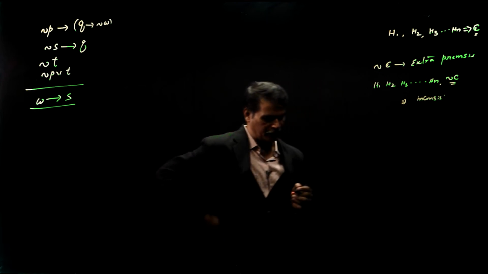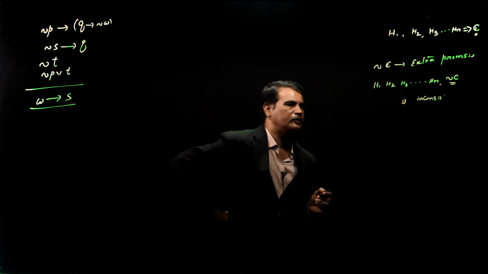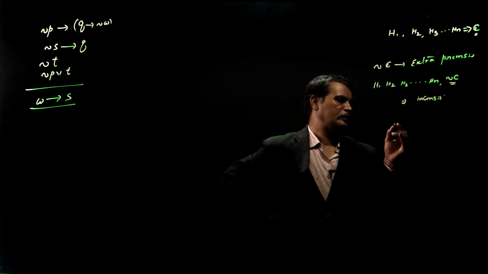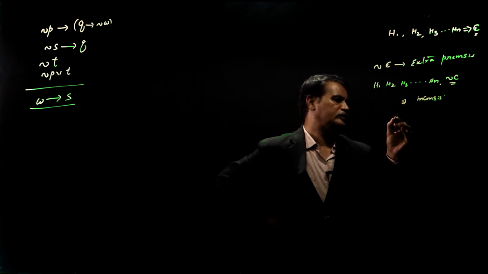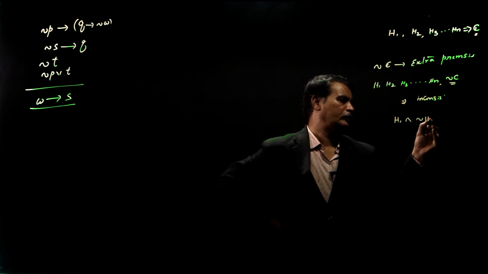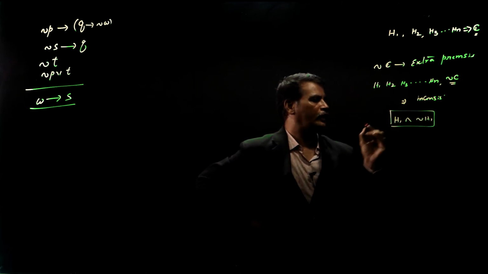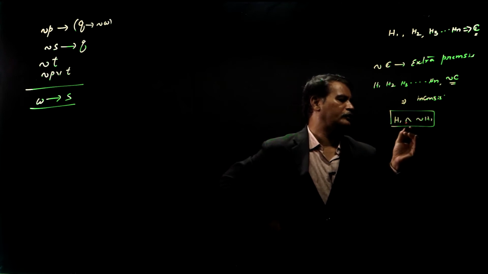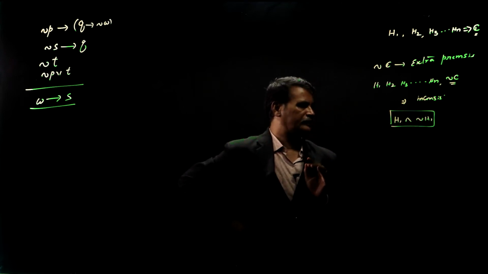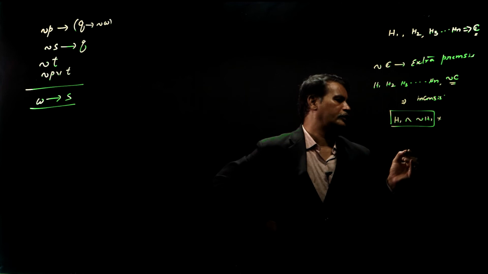How can we observe that the system is inconsistent? In the solution you may get answers like H1 and negation of H1. If both are true, it is meaningless. Therefore, this is called a contradiction.